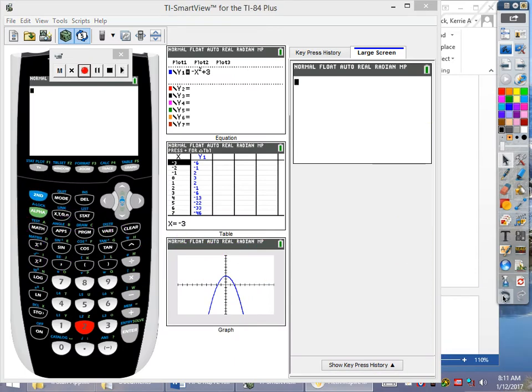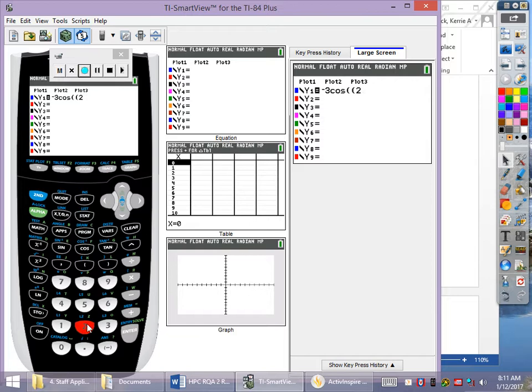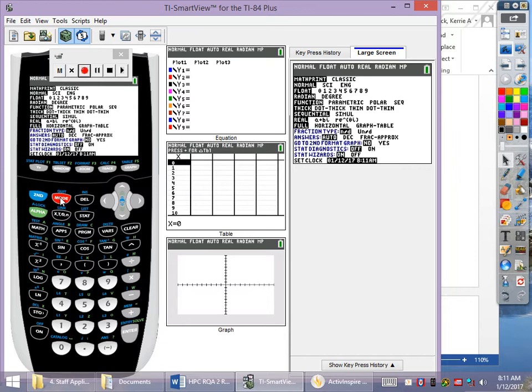I am simply going to press y equals, and I'm going to type in my equation, which was -3 cosine, parenthesis, 2 pi divided by 13, parenthesis, x, close the parenthesis again, and then it was +5. The extra parentheses are important, okay? And I need to make sure that it's in what mode? No, I'm using pi. Is pi degrees or radians? Radians. It is in radian mode.